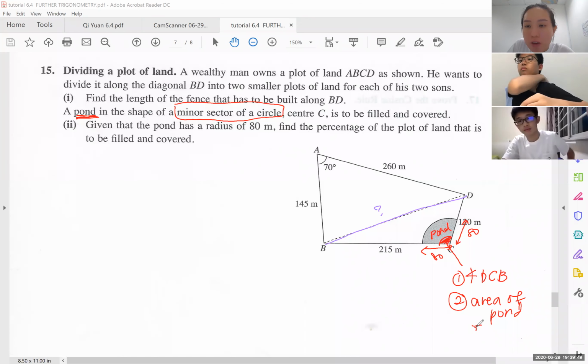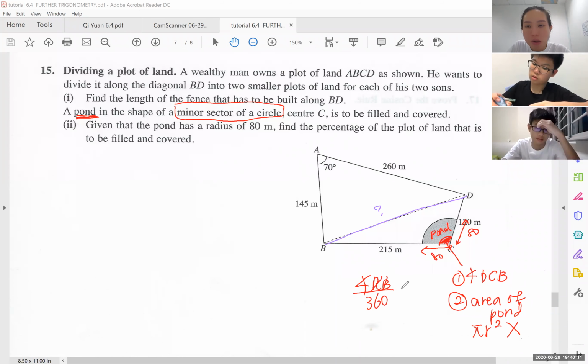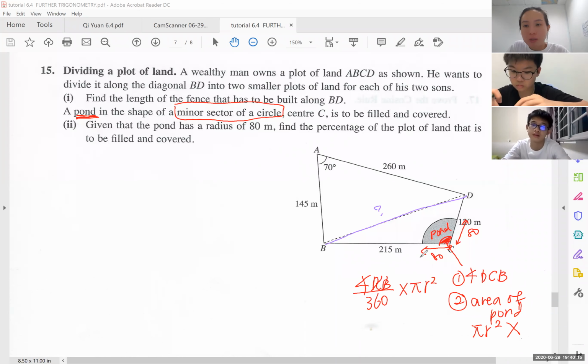You cannot just take pi r squared because it's a sector. So what was said just now is very good. You must take the angle BCB first, over 360, and then times pi r squared. Now with that you can get your answer, right?